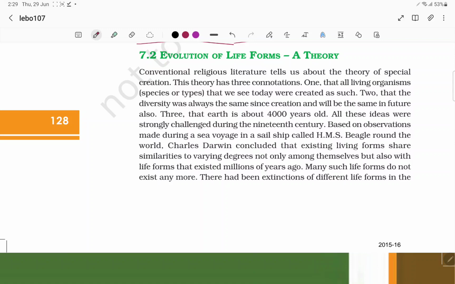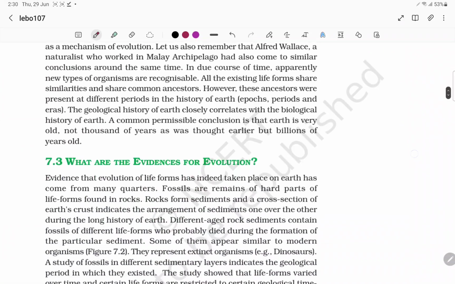Next, spontaneous evolution from straw and mud was disproved by Louis Pasteur after conducting an experiment. Later, Oparin from Russia and Haldane from England gave the idea that life originated from non-living organic compounds, which is now widely accepted because of the experiment conducted by Miller. So this is the Miller experiment.